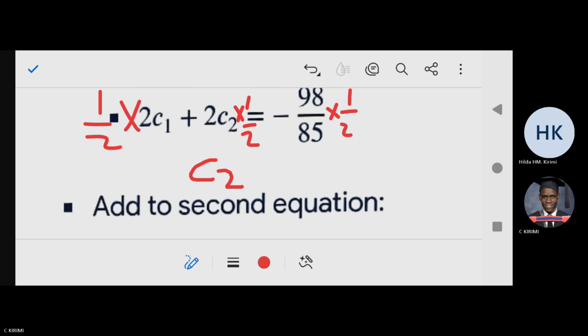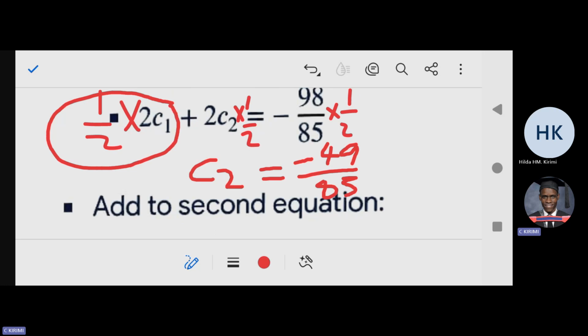C2 is equal to half, negative half of 98, which means 2 goes into 98 49 times. So it will be 49 over 85. That is this part. Then we take the C1.